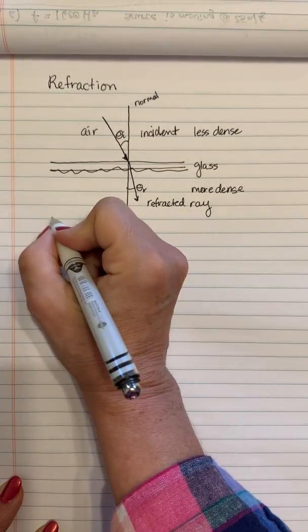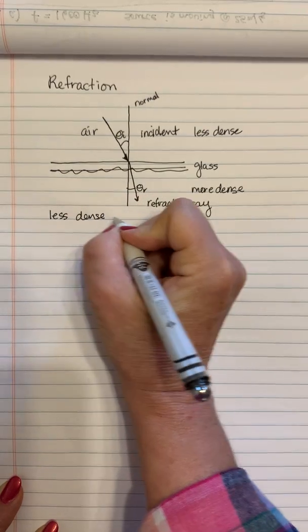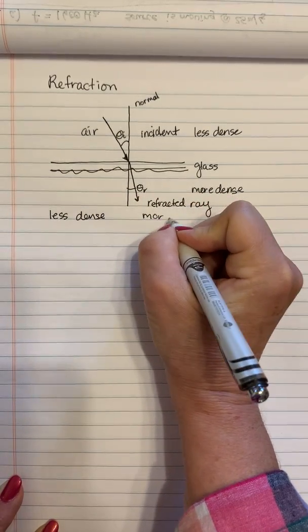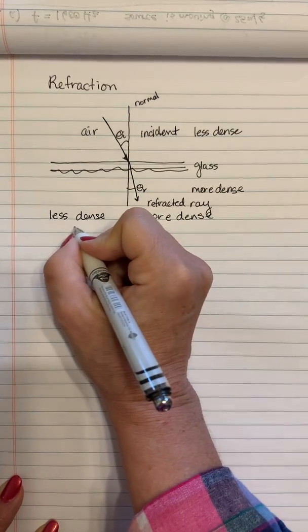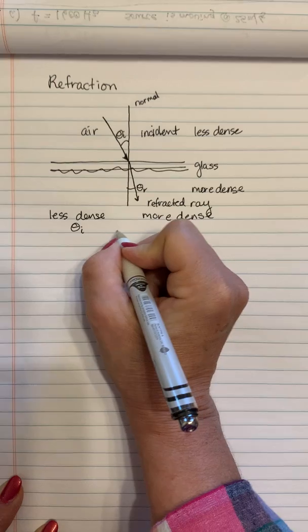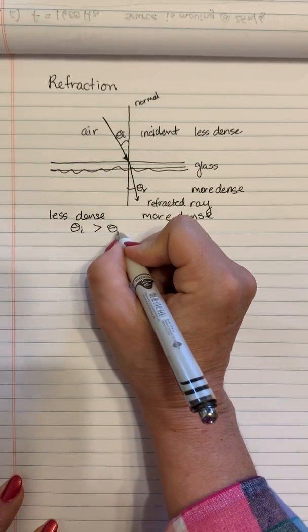As it goes from less dense to more dense, the incident angle is going to be greater than the refracted angle.